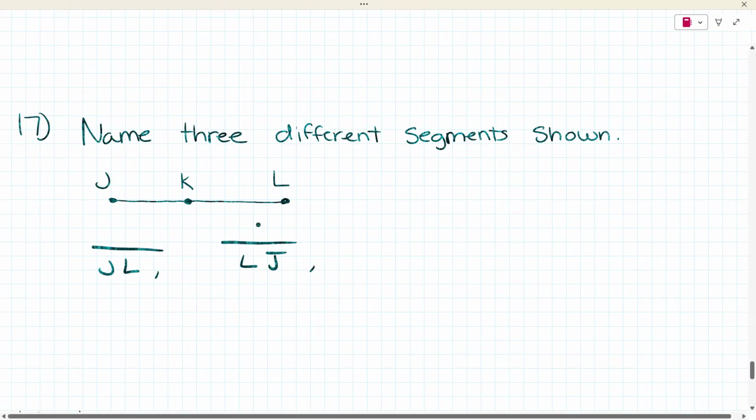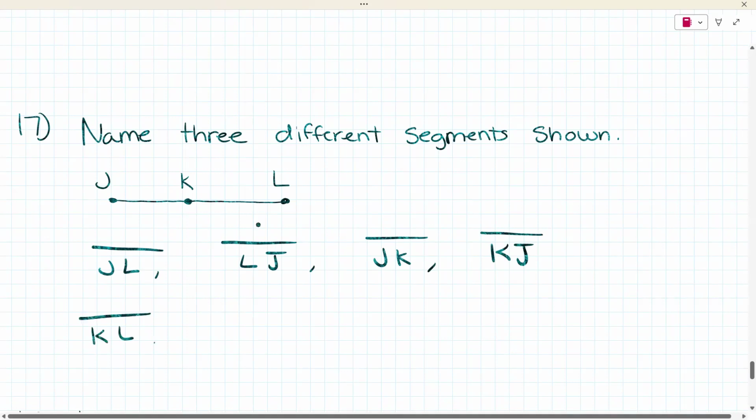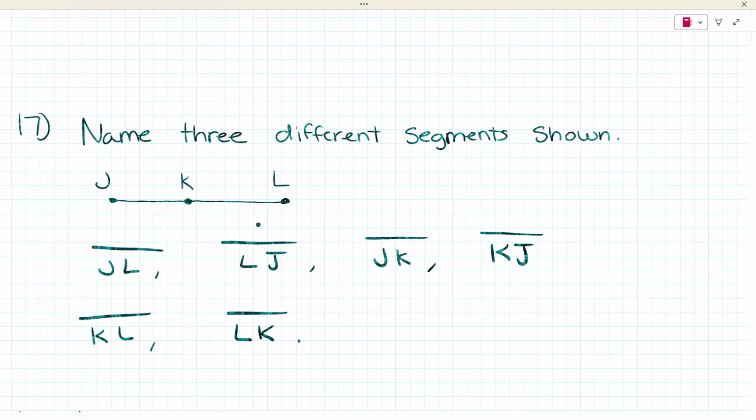You can also express it as line segment JK, line segment KJ, line segment KL, and line segment LK. Those are the different line segments.